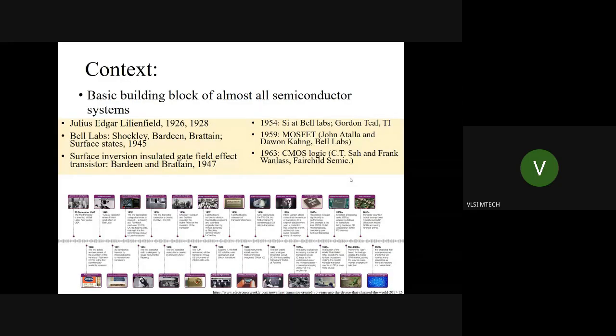There was an interesting competition or fight that was happening at that time between Bell Labs and Texas Instruments. So Gordon Teal, who was leading this work at TI, before this, everyone was working with germanium transistors, and silicon transistors were considered a non-feasible thing, which would probably not happen.